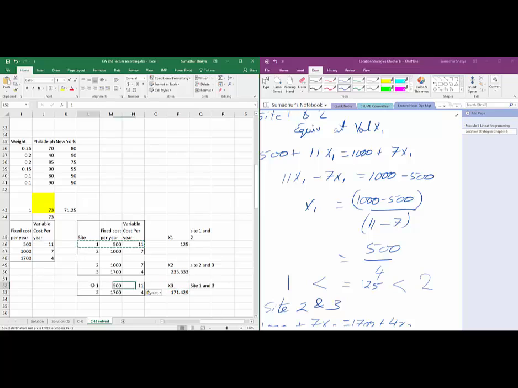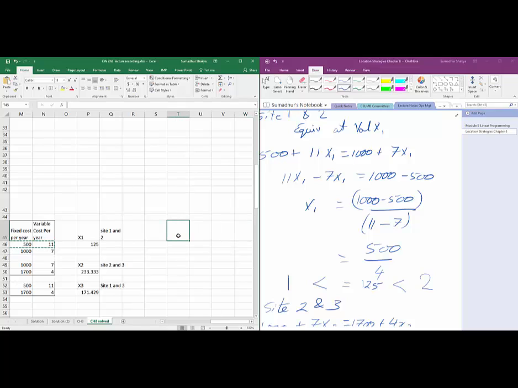Now this would be the case if site 2 did not exist. Then site 1 is good as long as the volume is 171, and beyond that site 3 would have been good. Now because site 2 is there, site 2 works better between 125 and 233.